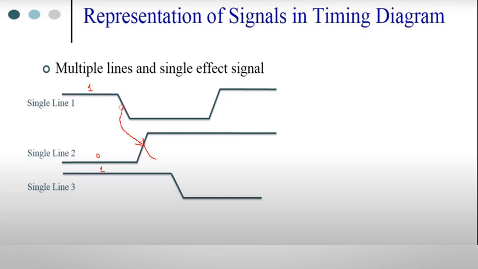Line 3 is moving from 1 to 0 state. Right? This is called a multiple line single effect signal.